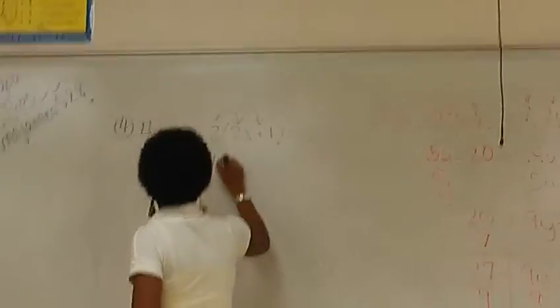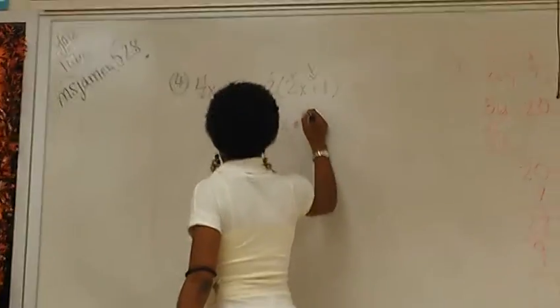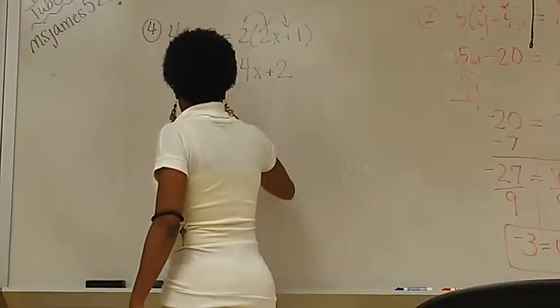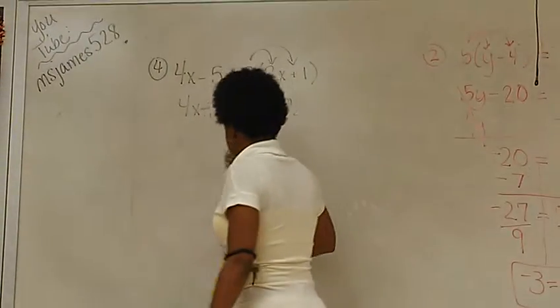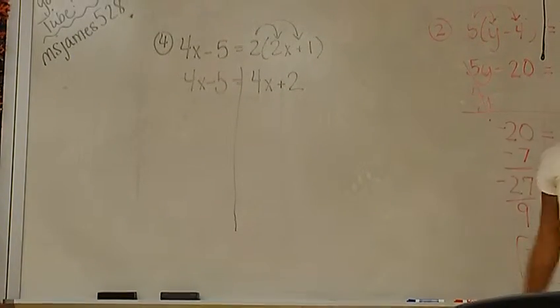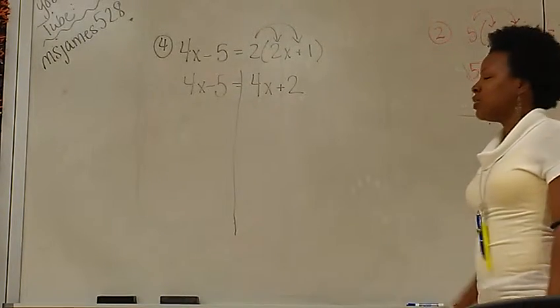Right? What's my first step? You guys have the hang of this. First step, Elsa? Okay, distribute the 2. So 2 times 2x is 4x. 2 times plus 1? Plus 2. Okay, bring down 4x minus 5. Now, deal with the variables first.